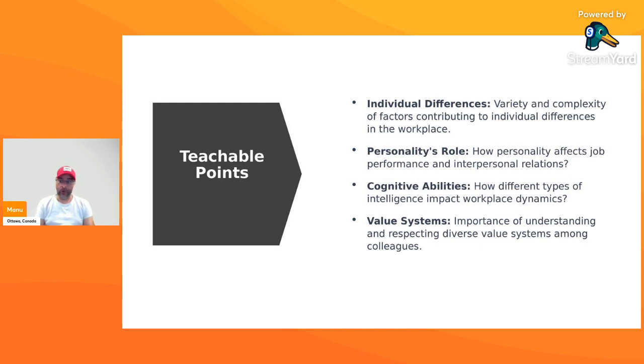Then within those groups, there's this whole idea of understanding people at a personal level, which comes down to understanding, appreciating, and working with their personality. Then we'll move from personalities to starting to understand that different people have different cognitive abilities, meaning the way people employ their intelligence and their abilities to look at things differently.